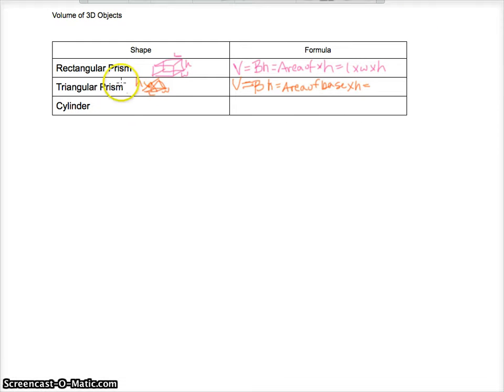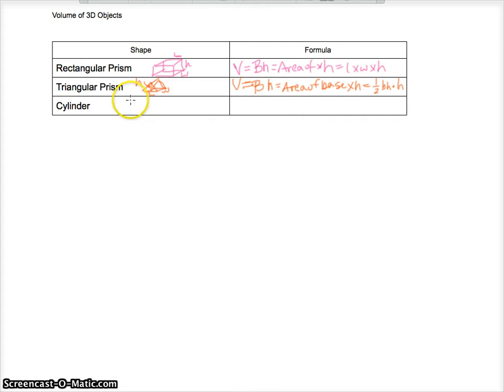Well, the area of the base of a triangular prism is a triangle, and that means that it is 1/2 base times height times the height. So it's going to be 1/2 the length times the height times the width, and we'll look more at this one later.